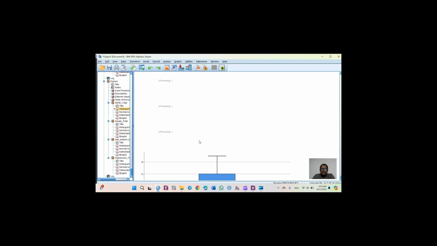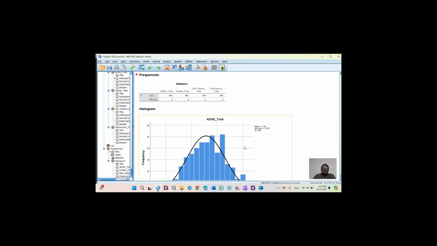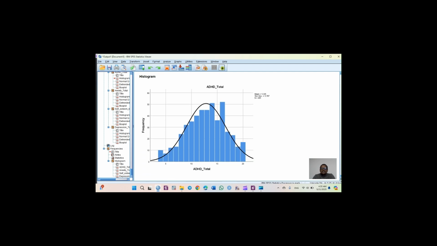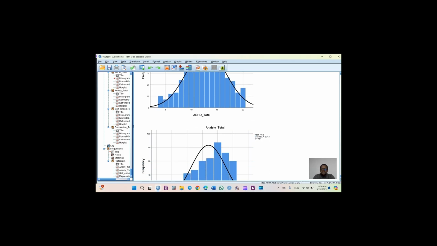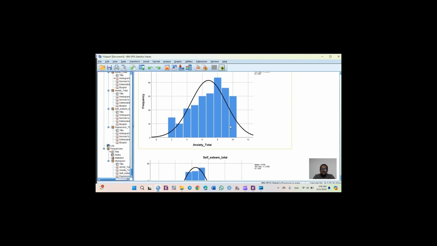Then let's see, this is the bell shape. So ADHD almost smoothly fits the bell shape. Let's see also for anxiety. The same is true also for anxiety.